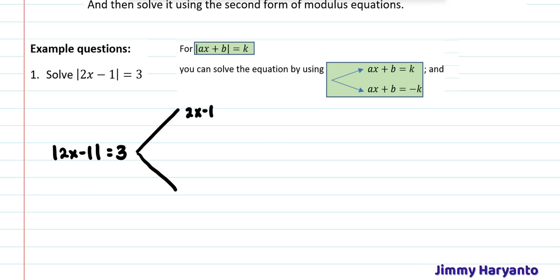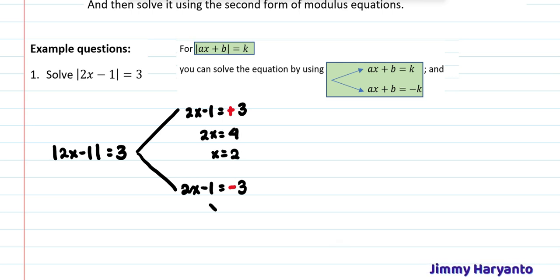You remove the modulus sign, and then the first one is positive 3, and then for the next part will be negative 3. Okay, so for the first part it will be 2x equals 3 plus 1 equals to 4, x equals to 2. And for this one it will be 2x equals negative 2 and x will be equals to negative 1.